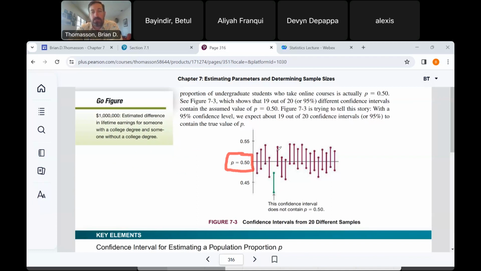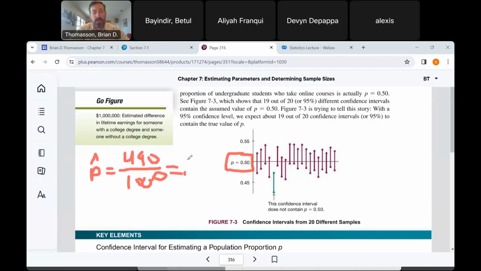Now let's look at all these red and green bars to the right and see what those represent. Let's say we sample and we're trying to find our p hat, and say we sample 1,000 people. And out of those 1,000 people, let's just say 490 of them smoked marijuana. So that point estimate would be 0.49.